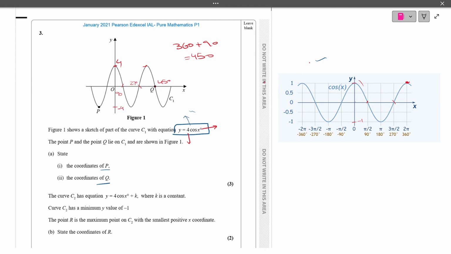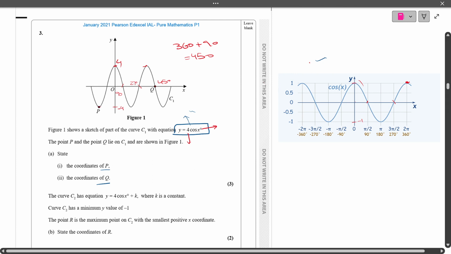For that, I should know first how the cos x graph looks. Then, if I look at the negative side, this point P is here.